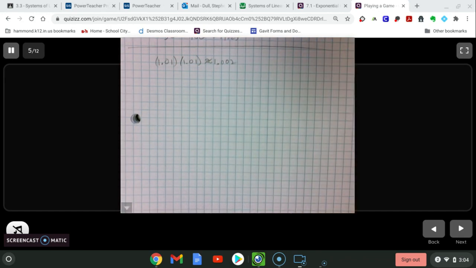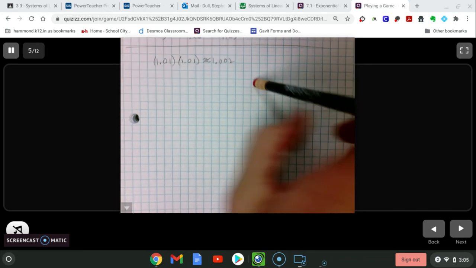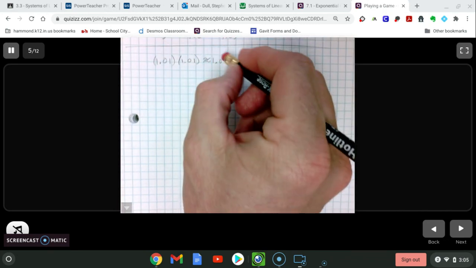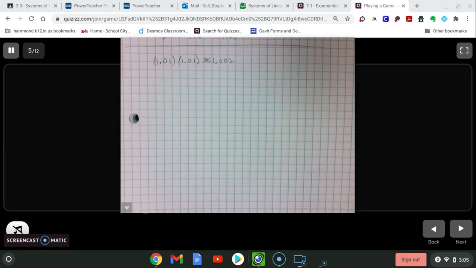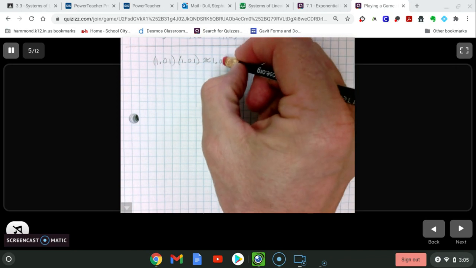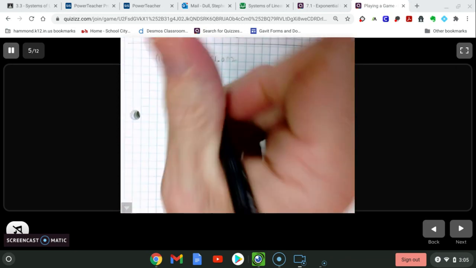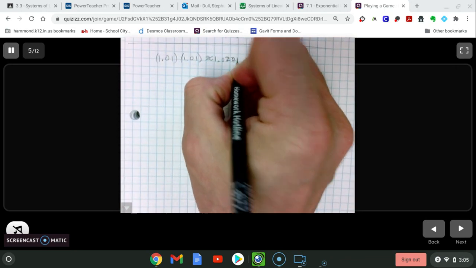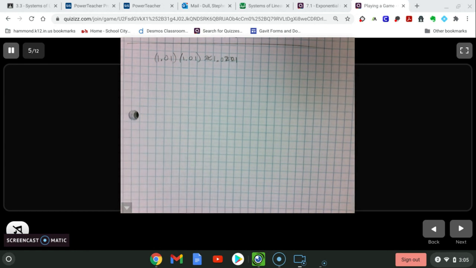It's not a lot greater than 1, but it is greater than 1. If you wanted to, you could go to your calculator and get that number. 1.0201 if you want to get technical about it.